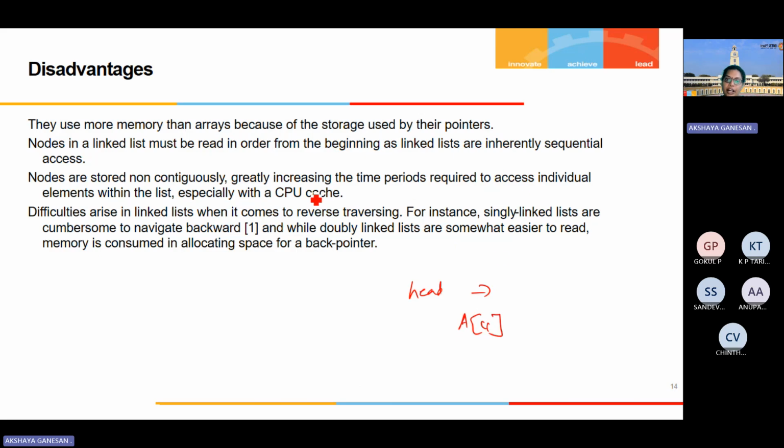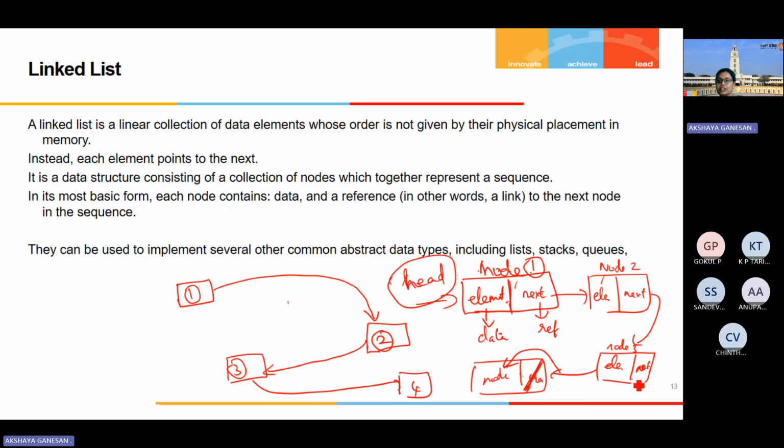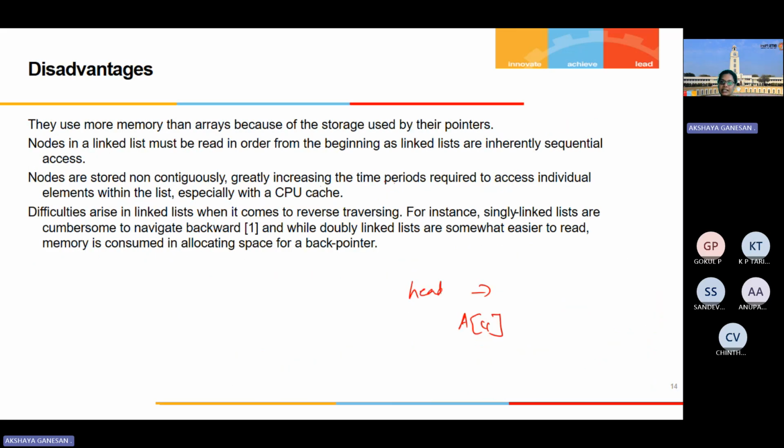They are not stored continuously, so it takes time to access individual elements. And when you want to reverse traverse, for example, go from the third node to the second node, it's not possible in a singly linked list.